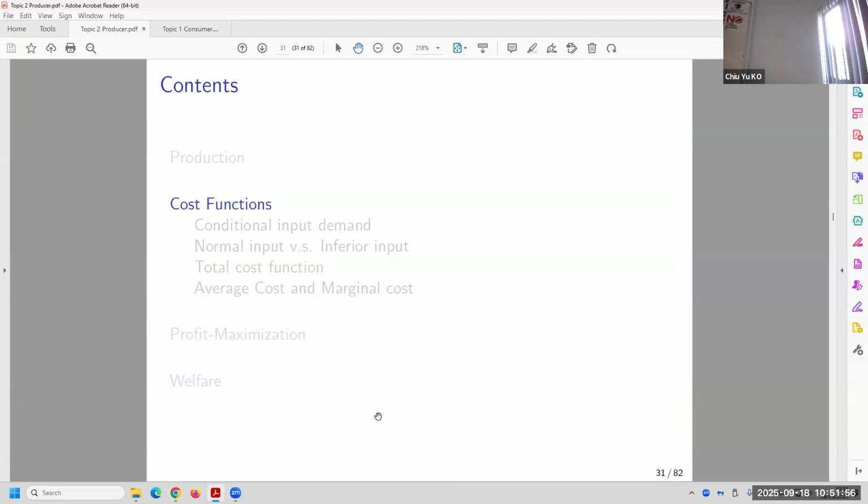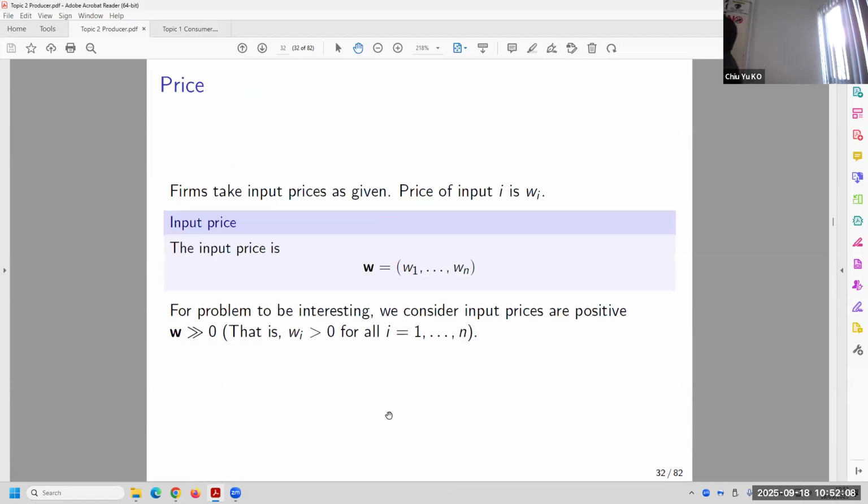Then we'll do the most important part, which is to give you all the equilibrium, or the optimization result. We start with the case where firms are price takers. If you learn macro, this is now the thing they actually work on: firms are no longer price takers in the factor market.